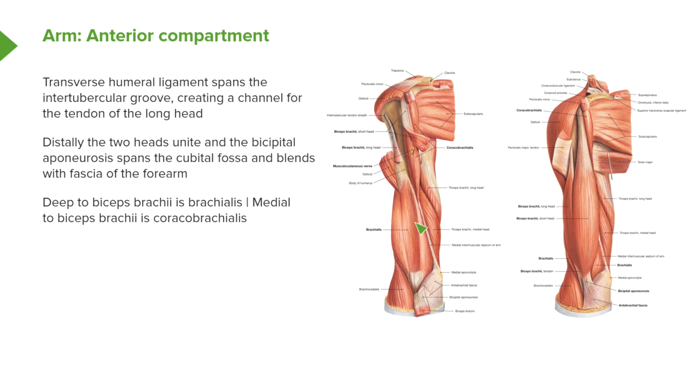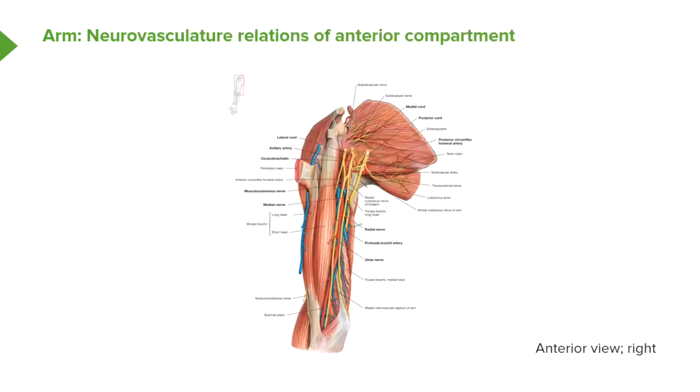As I mentioned, distally, the two heads of biceps unite, and this continues down as the bicipital aponeurosis. Deep to biceps brachii is brachialis, and medial to biceps brachii is coracobrachialis, which we can see here. So we can see in these pictures all of the muscles put together in the anterior compartment of the arm.